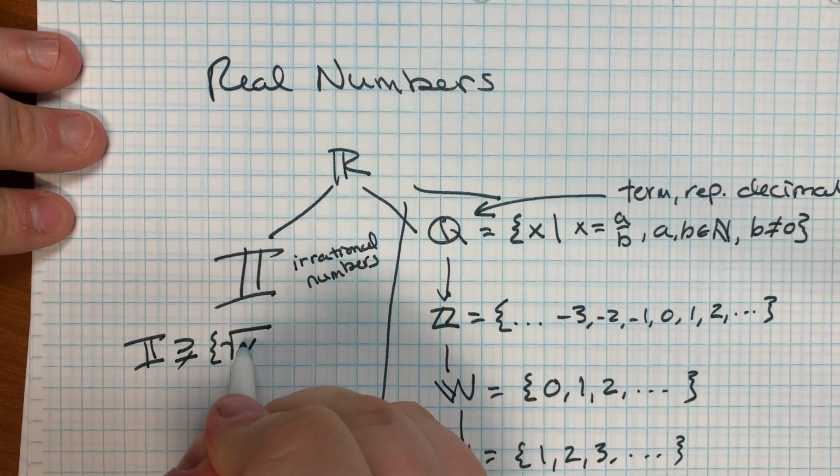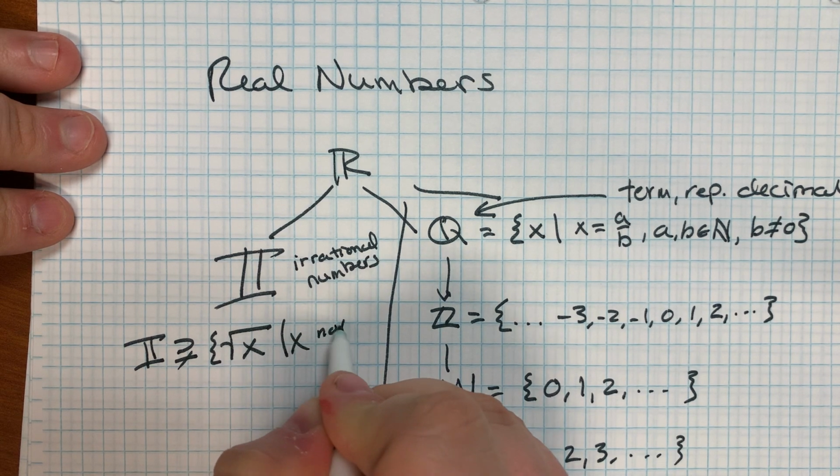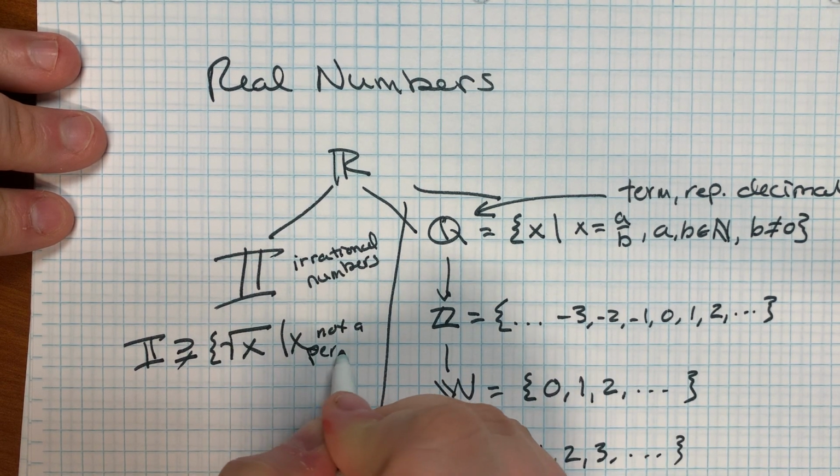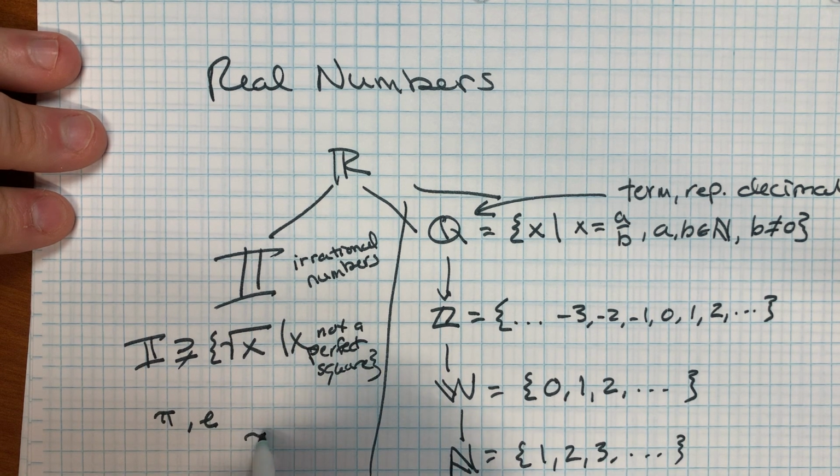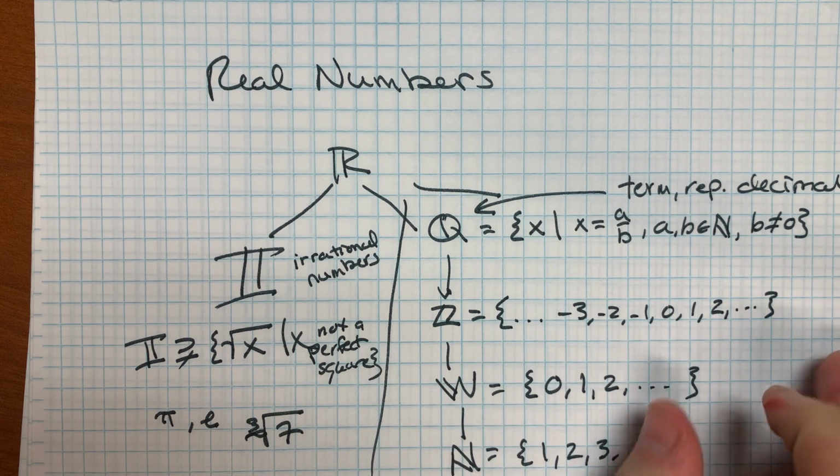For example, all of our square root of x, x not a perfect square. But it also has pi and e, the cube root of 7, and so on.